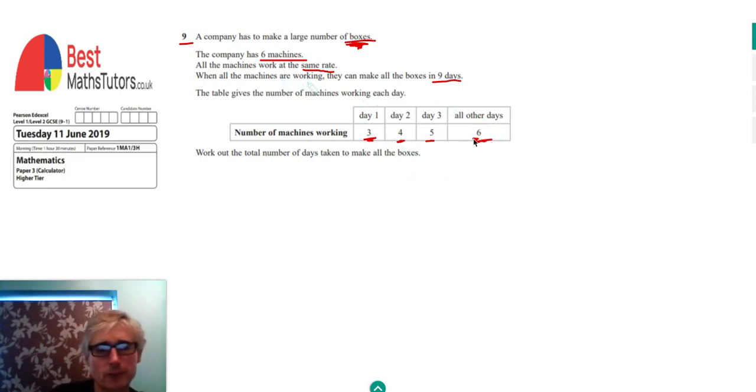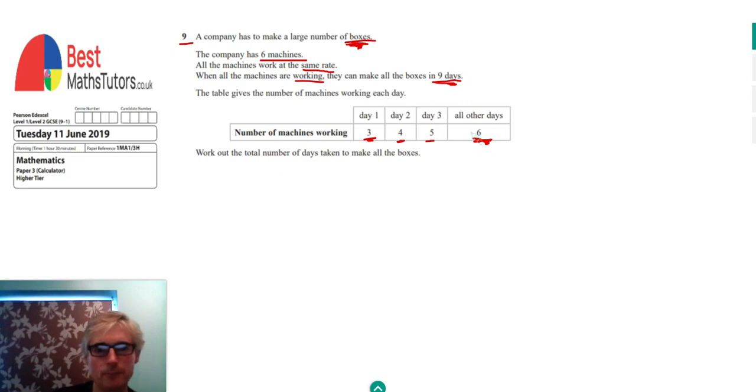So it says if all the machines were working, it would take us 9 days to make as many boxes as we required. So we can see we've got 6 when all the machines are working. In fact, we could assume that each machine could just make 1 box per day.